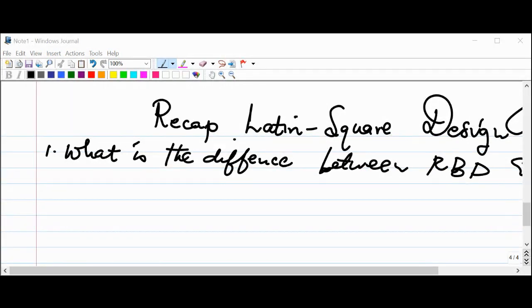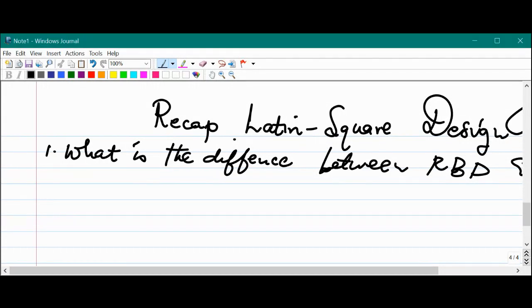Okay. What are the similarities between the two designs? Let's go, guys. Yes, I'm listening. They both have blocking factors. Yes, so it's fine.